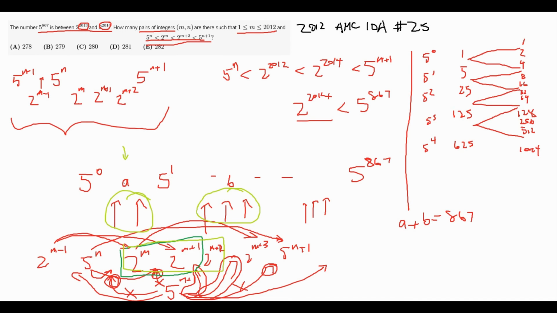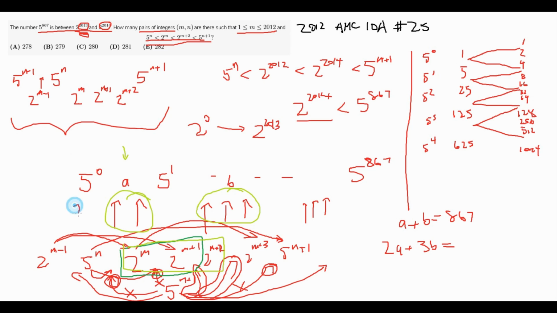Then we know that for each A, we contribute 2 powers of 2. For each B, we contribute 3 powers of 2. Then we know that 2A plus 3B is equal to the number of powers of 2 that are between these numbers, which, knowing this information, since 5^867 is between 2^2013 and 2^2014, we can have 2 to the 0 all the way to 2 to the 2013, except note that we actually can't have 2 to the power of 0 because that's equal to 1, which is actually equal to 5 to the power of 0.